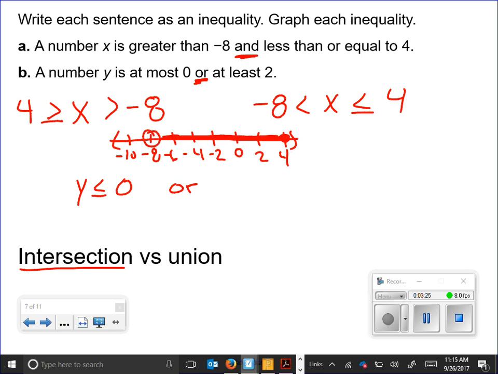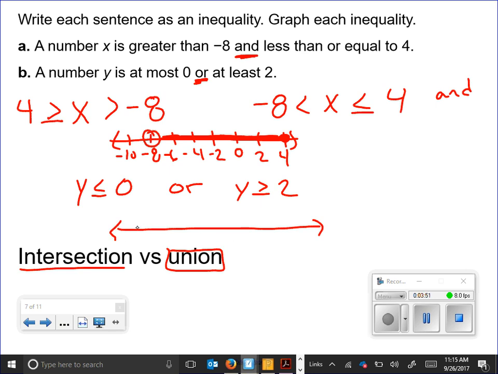Or at least 2, so y is greater than or equal to 2. These are my two pieces. Notice in our "and" inequalities we don't see the word "and", but our "or" inequalities, that's how we write it. Now we just need to graph these. This is going to be a union.